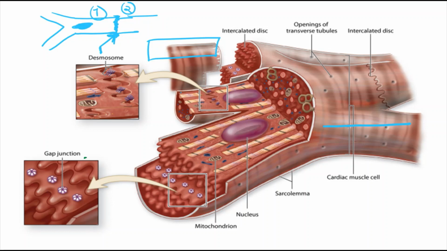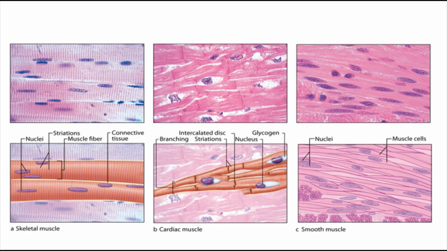What that means is that cardiac muscle will contract at the same time and relax at the same time. Cardiac muscle works together. That's why we said cardiac muscle functions by an all or none principle because of gap junctions. So these are the three different characteristics of these muscles.